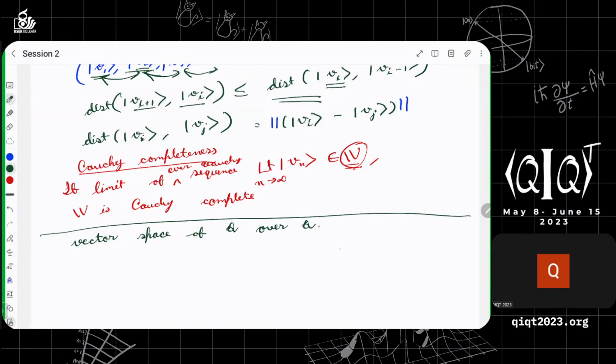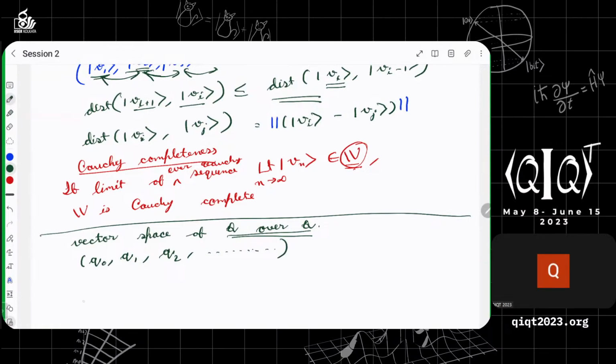We had discussed before that this is indeed a vector space. And let's take a sequence Q0, Q1, Q2, and so on up to potentially infinity.